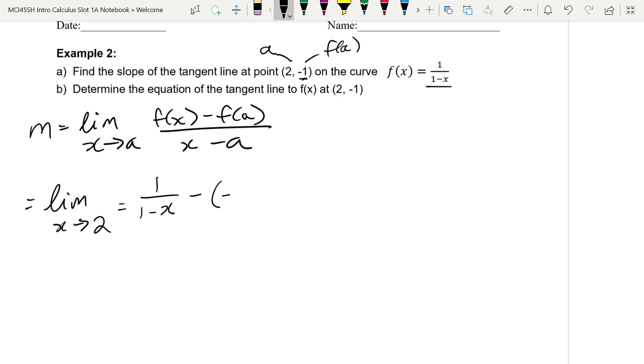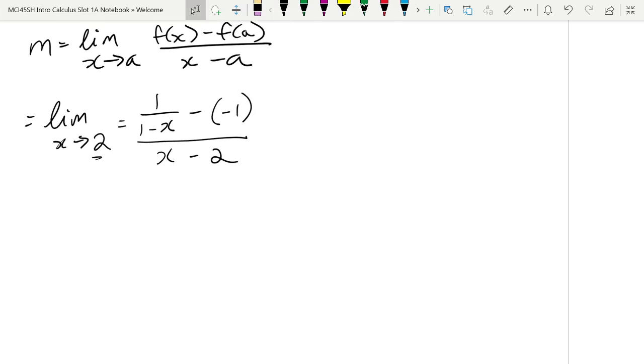Again, sometimes they don't tell you that. You have to figure that out for yourself. And once again, if I plug in my limit of 2, I'm going to have a problem. So I got to once again reach into my toolbox of algebra and figure out a way to cancel the x minus 2. So I think what I'm going to do is use my fraction skills. I'm going to get a common denominator here. First of all, maybe I'll tidy this up.